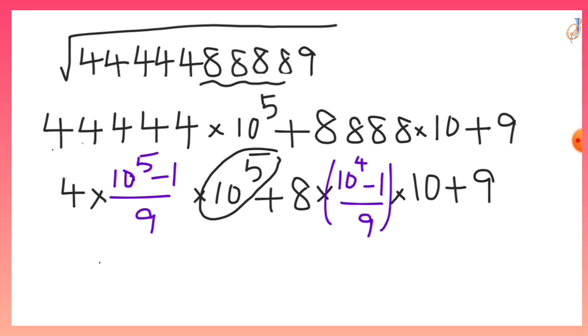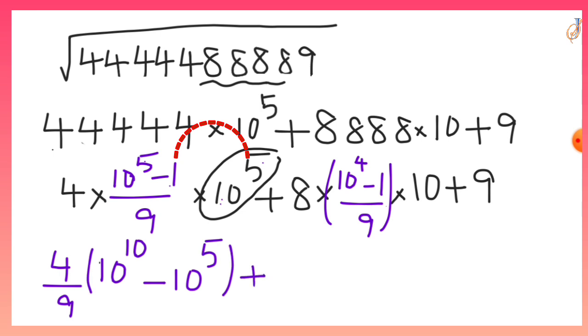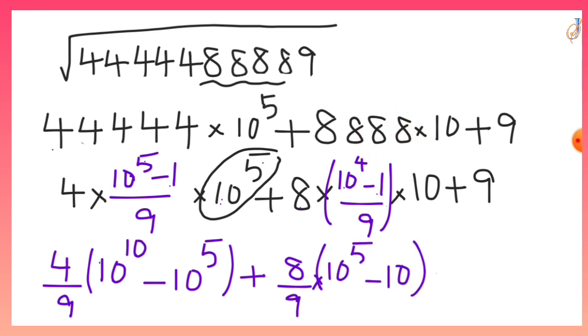Now 4 times, now what we have, 10 power 5 times 10 power 5, which gives 10 power 10, minus 1 times 10 power 5, which gives 10 power 5, plus here we have 8 over 9, 10 power 4 times 10, which gives 10 power 5, minus 1 times 10, which gives 10, plus 9.